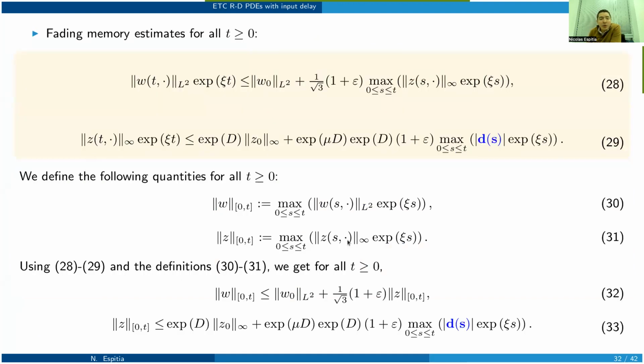And then we use a fading memory estimate. We write the above inequalities using a fading memory estimate.